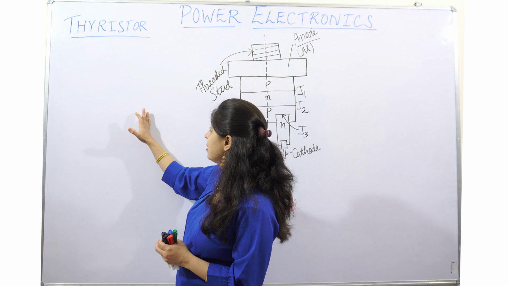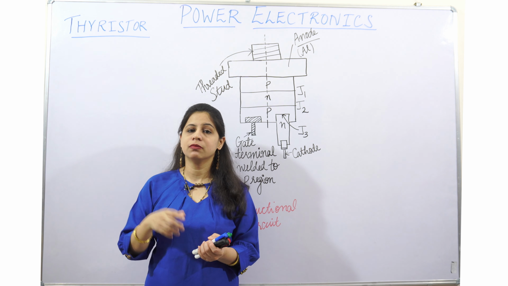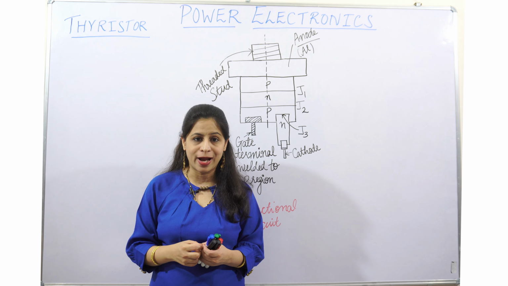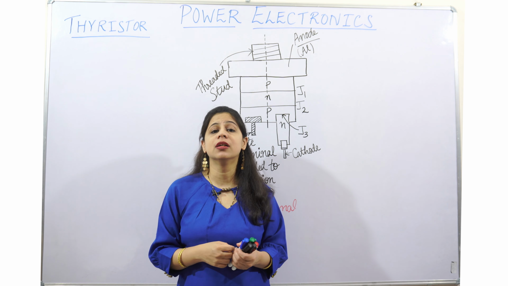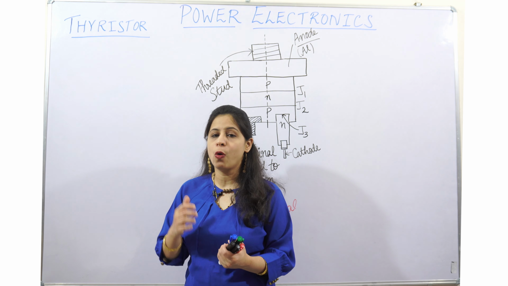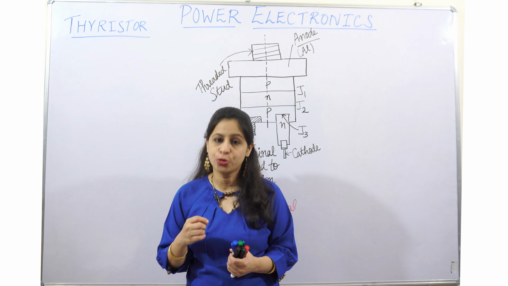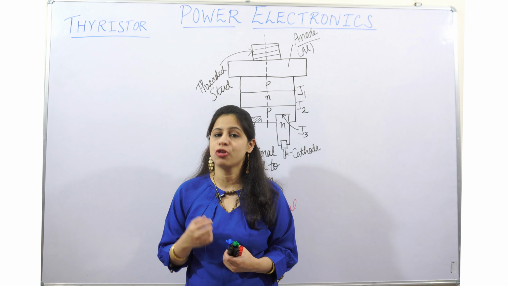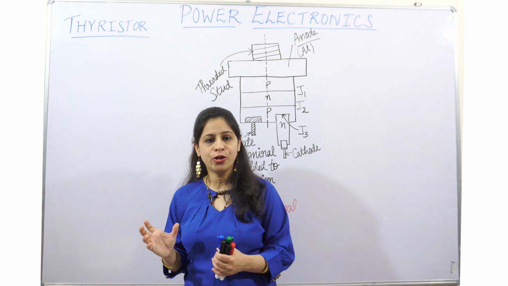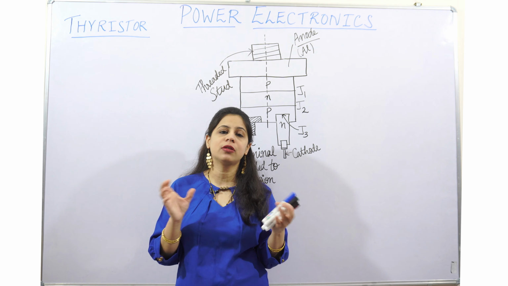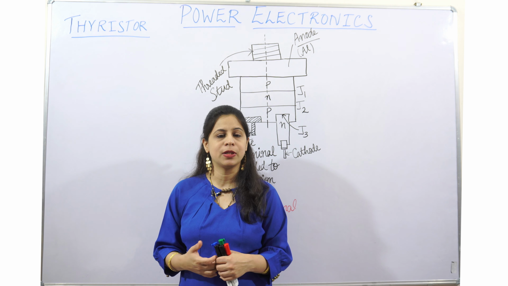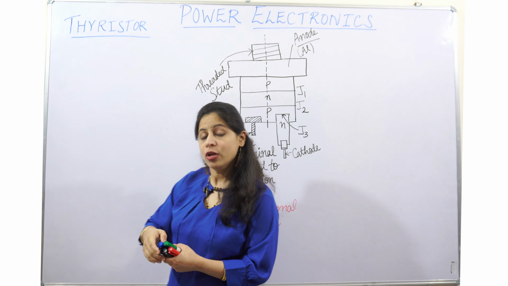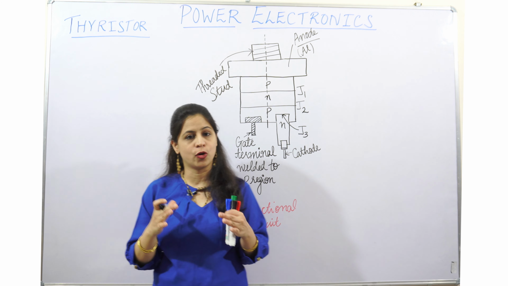Okay, so the thyristor is basically a semiconductor switching device. It is a semiconductor switching device, and it has all the features of the thyratron tube, as well as characteristics similar to a transistor. So when the thyratron tube and transistor got combined, a new word was formed, and that word came into existence as thyristor. Okay, so let us see how thyristor was formulated.